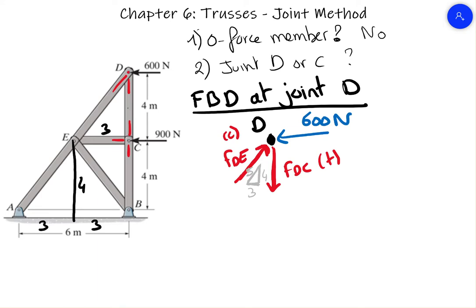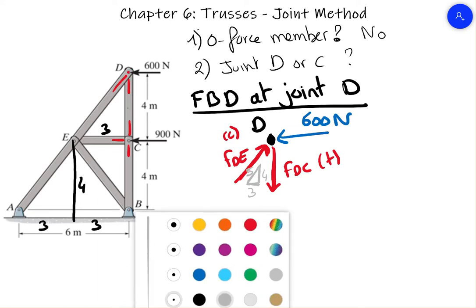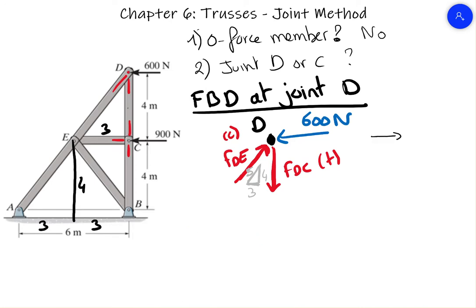We will use the 3, 4, 5 triangles, and the X and Y axes. Which equation do we do first, X or Y? We do X, because we know the 600 Newton, and we will solve for FDE using Fx.